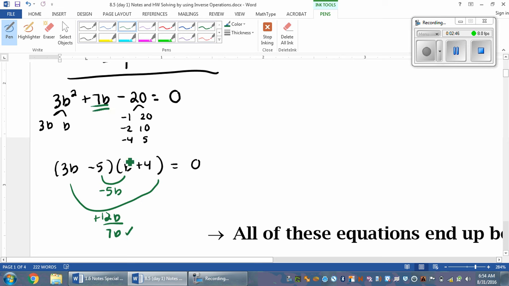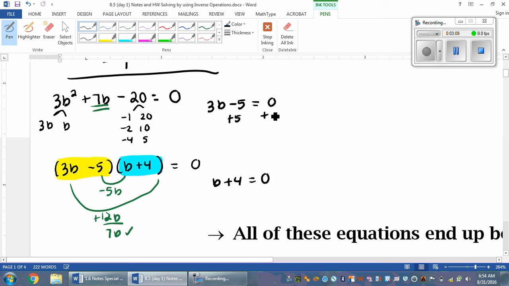Now I have to continue using the zero product property. So again, I have 3b minus 5 times b plus 4. When I multiply those two together, I get 0. So what do I know? I either know 3b minus 5 is equal to 0, or I know b plus 4 is equal to 0. Once I solve those two equations, I get my two solutions.